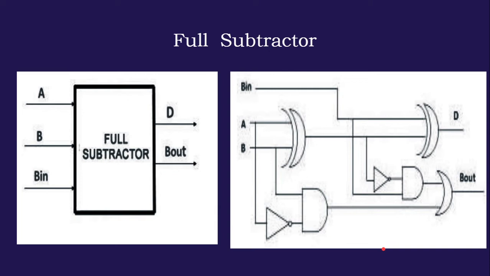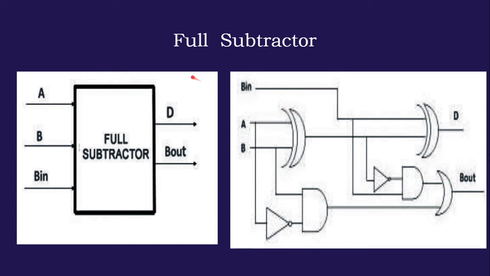Here we can also see that this input is A bar B. We have seen in the previous videos for the half subtractor that the difference is A XOR B and the borrow is A bar into B. So here it is the same thing.